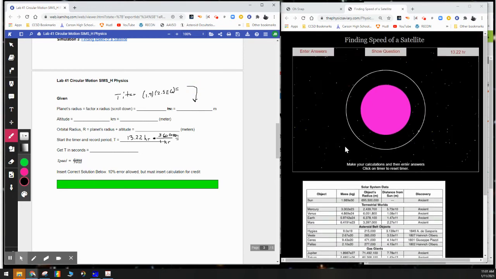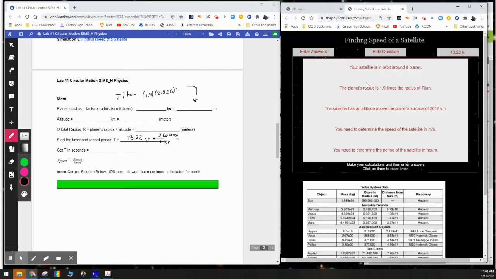Now the altitude. Let me show the question here. The satellite is at an altitude of 2612 kilometers. We want to go to meters, so just add 3 more zeros to that. So it'd be 2,612,000.